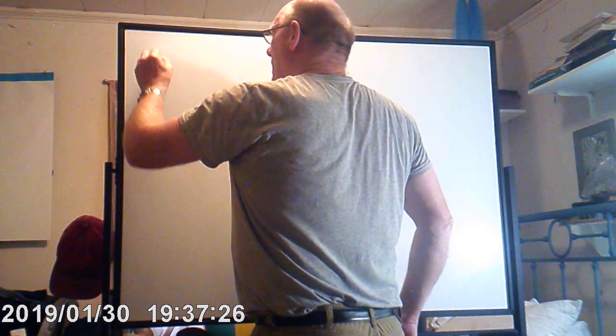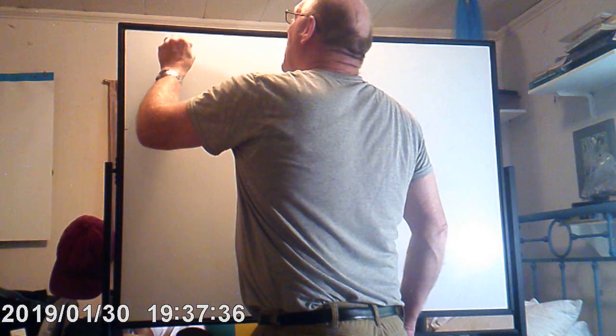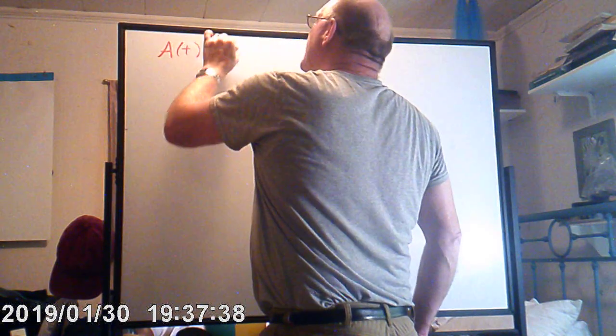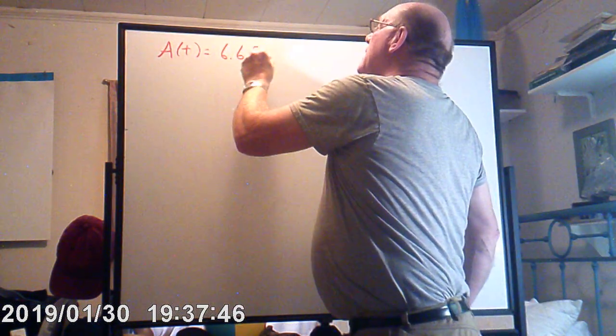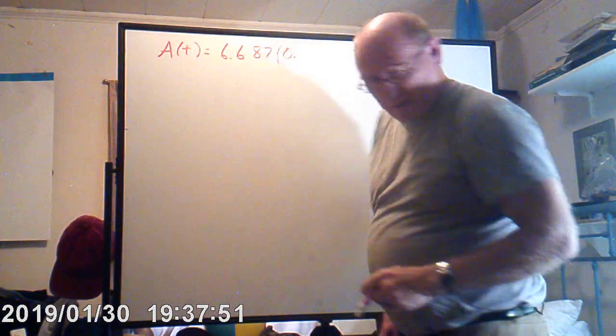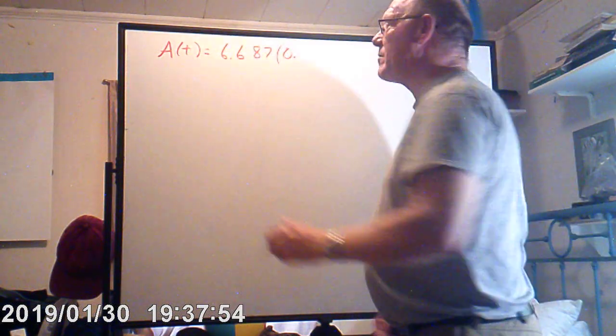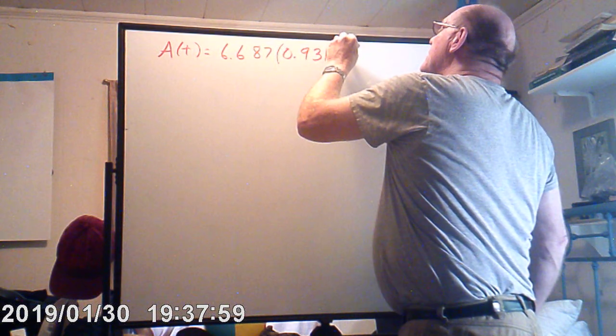Let's put down the problem: A(t) is equal to 6.687 times 0.931 raised to the t power.